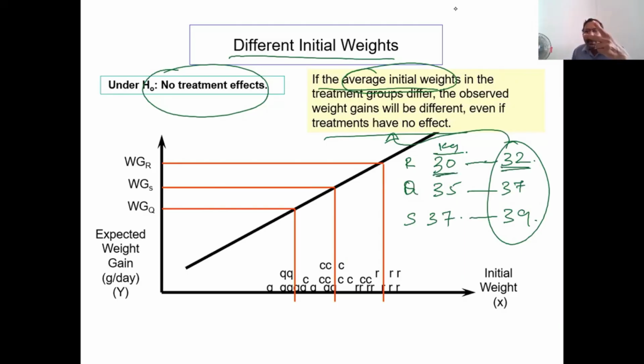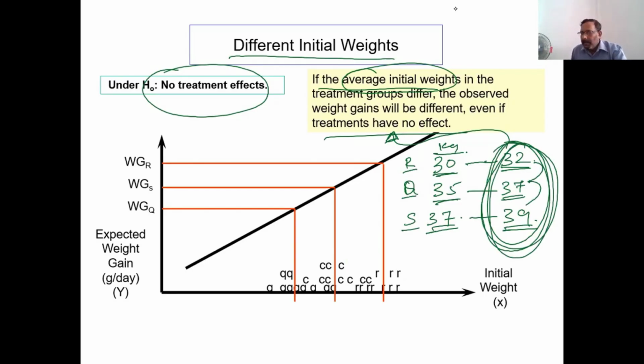So increase is 2. 35 kilogram is increased to 37. Increase is 2. 37 is increased to 39. So these are the three diets, R, Q, and the standard one. So here no treatment effect. But you see here, even though there is no treatment effect, there is a difference here.